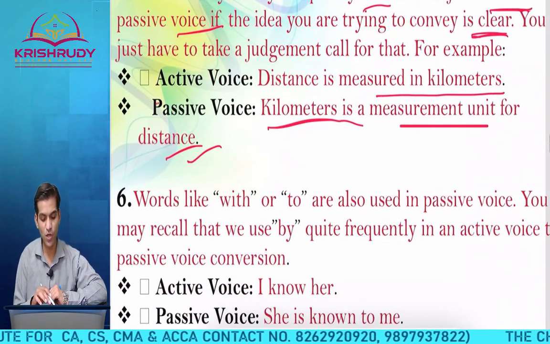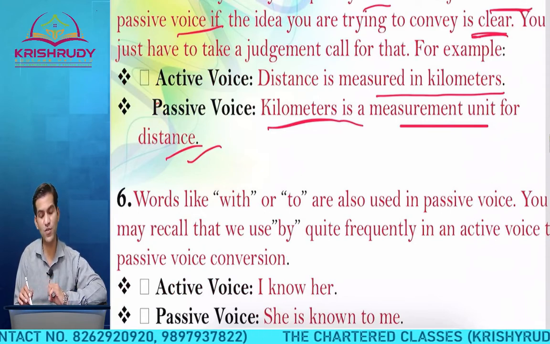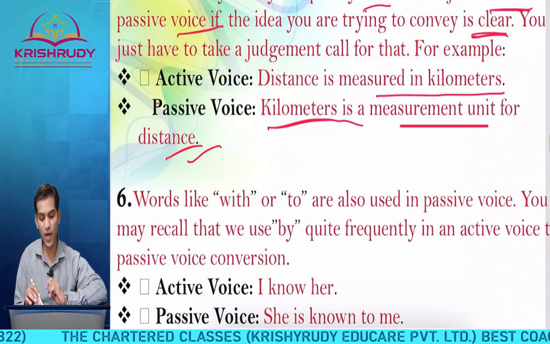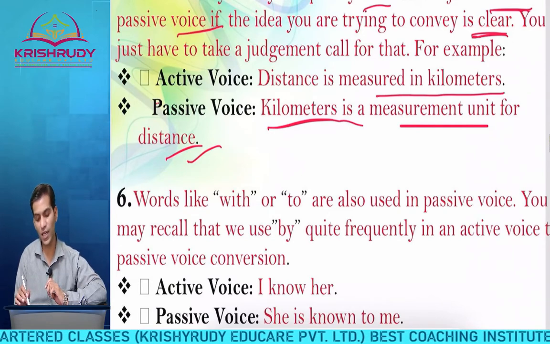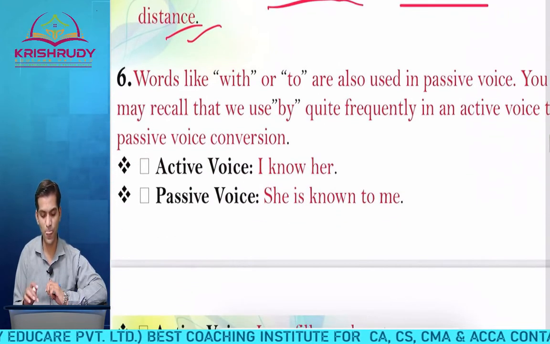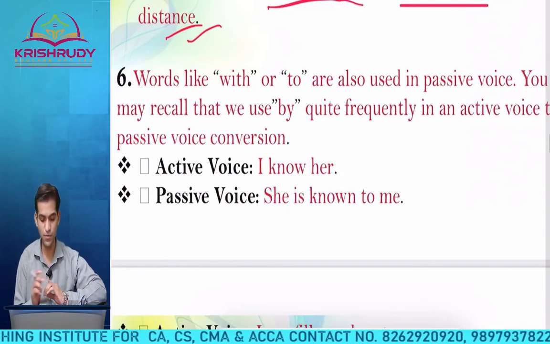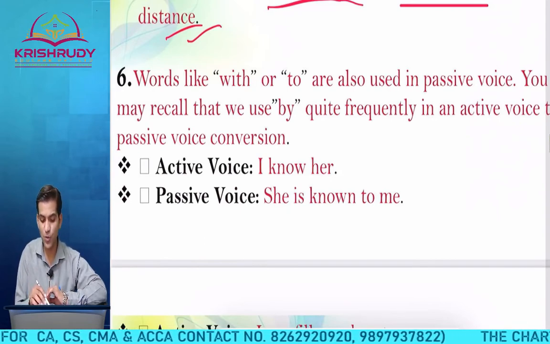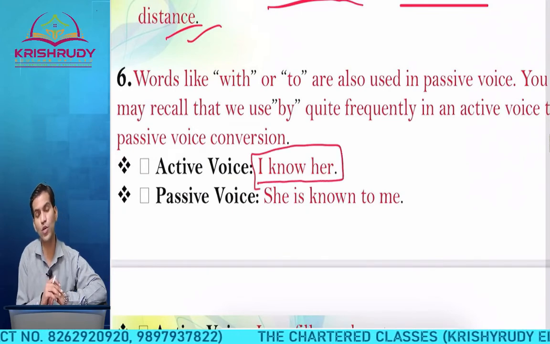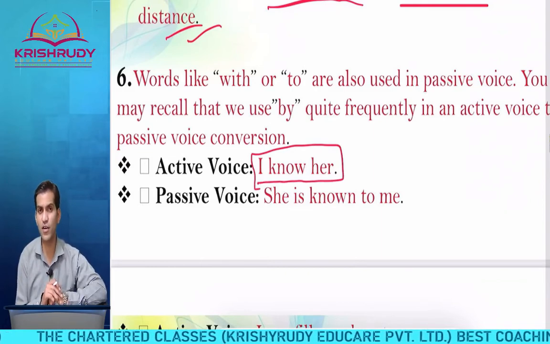Now some more words like "with" or "to" are also used in passive voice. How? You may recall that we use "by" quite frequently in active to passive voice conversion. "I know her," "She is known to me," right? In exams you might get this kind of sentence to transform into passive, but don't hesitate, don't get nervous.